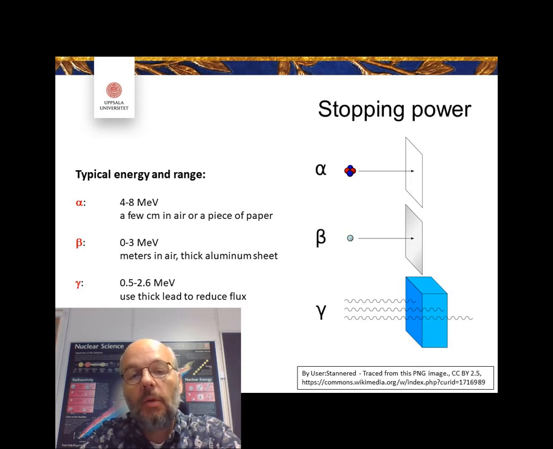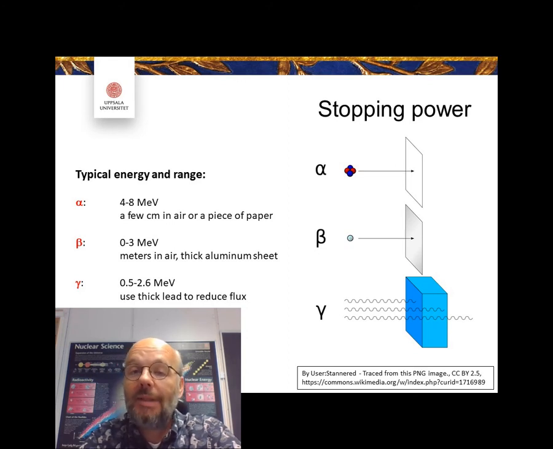As a final remark, I would like to point out that not all incoming radiation is registered. One reason is the short periods of insensitivity after detection of a particle. This is called the dead time, and it's dependent on the count rate. The main reason, however, is the probability of the incoming radiation to interact with the gas in the detector.